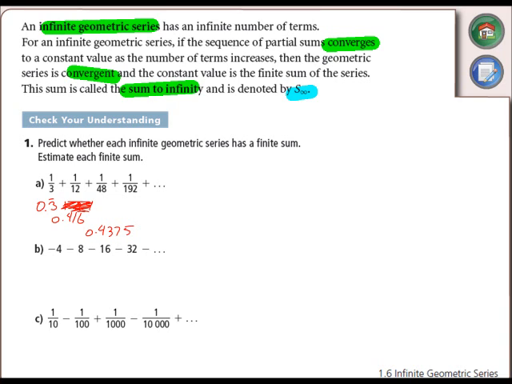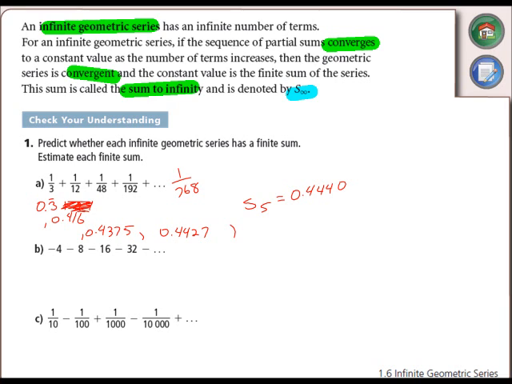Then when we add the next one, the 1 over 192, we get 0.4427. And if we go into the next one, we'd be adding 1 over 768, which is then going to take us to a sum of those first 5 to be 0.4440.